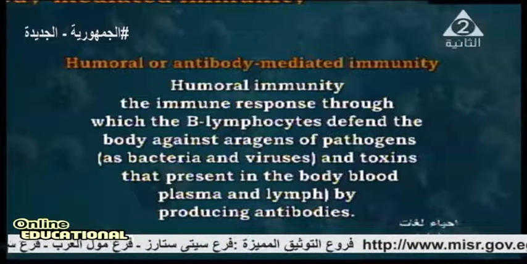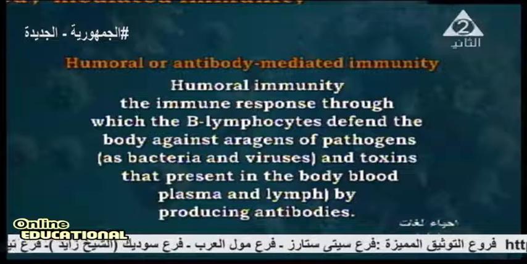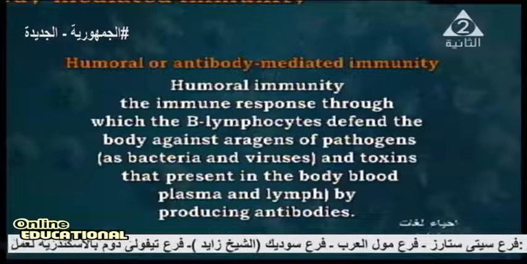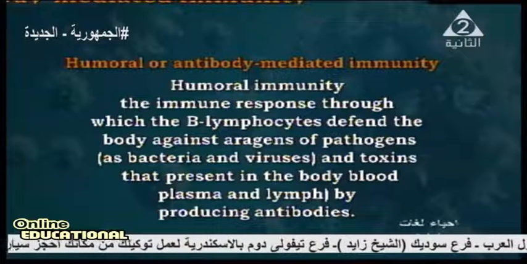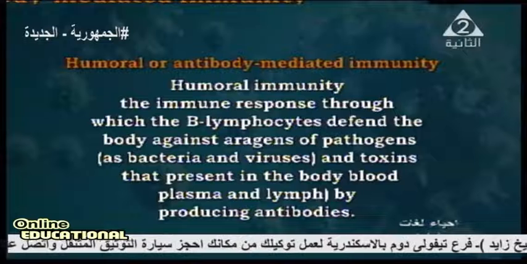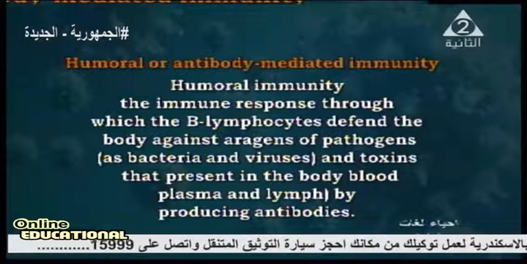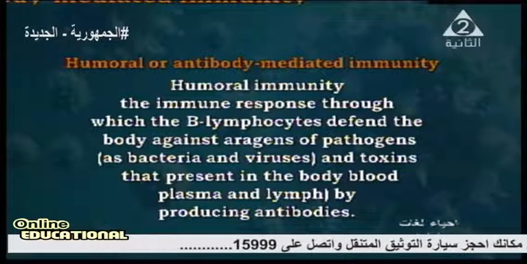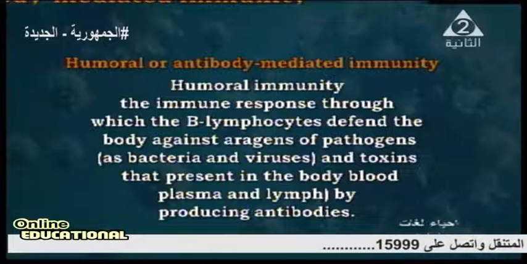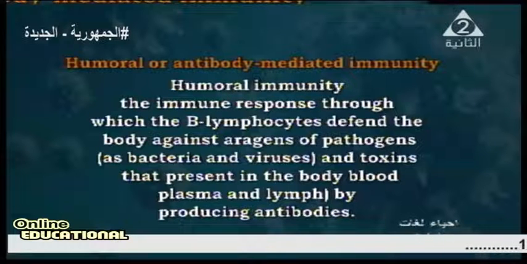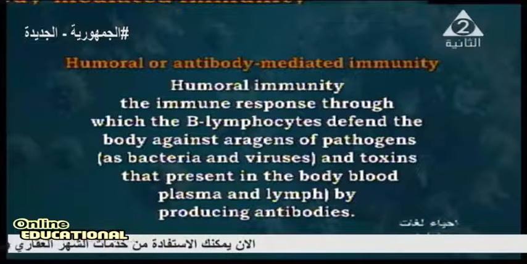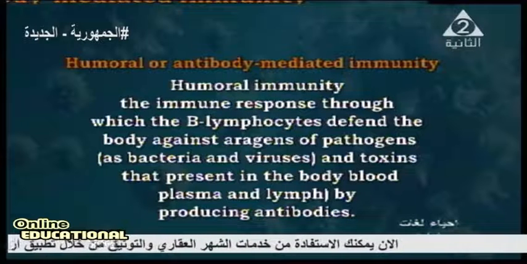We will describe this slide. When you are infected by a disease, what happens? This disease, like bacteria, viruses, or any toxic substance, enters the body, and the immune response from the white blood cell, known as B lymphocytes, defends the body against this microbe.